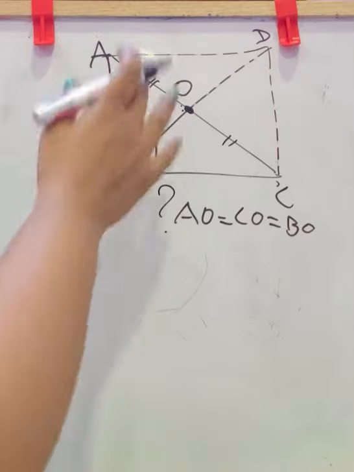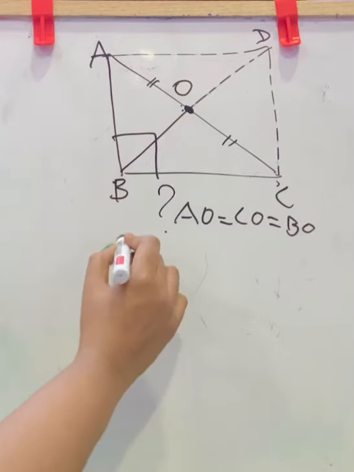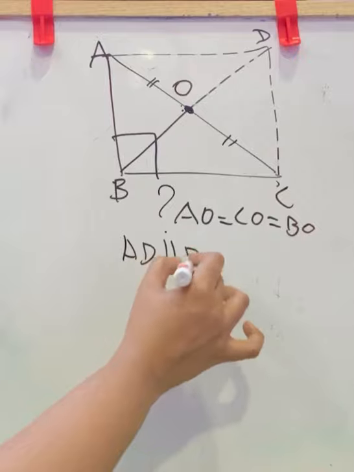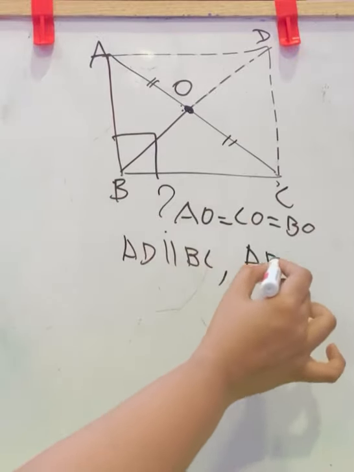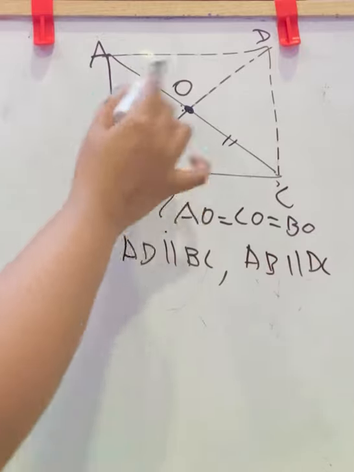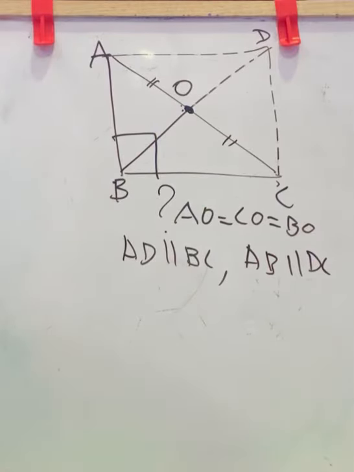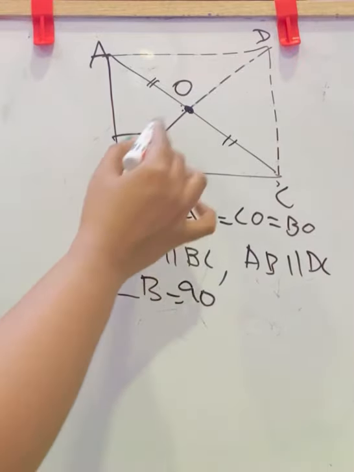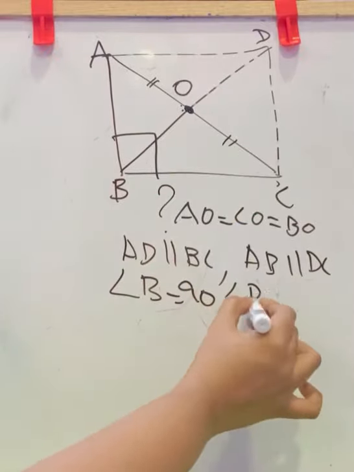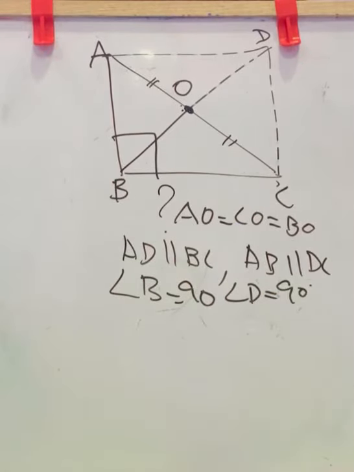Now, from this figure, we have AD parallel to BC, and AB parallel to DC. So we can say this is a parallelogram, and here it is 90 degrees. Angle B equals 90 degrees means in a parallelogram angle D is also 90 degrees, opposite angles.